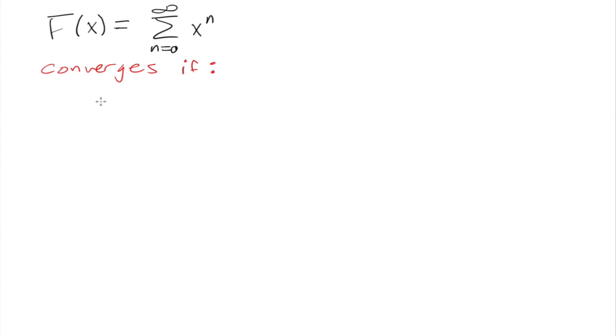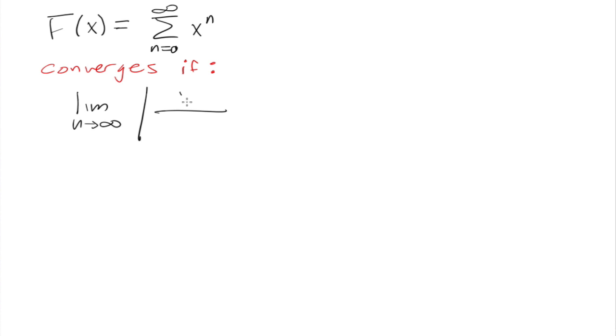So this is going to converge if the limit as n goes to infinity of a sub n plus 1 over a sub n, and x to the n plus 1. So what is a sub n in this case actually? That's x to the n over 1. It's just the number 1, right?